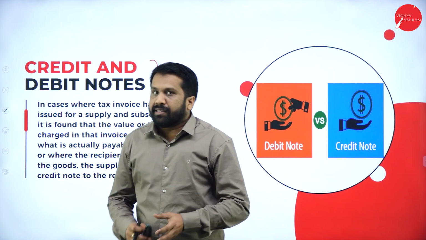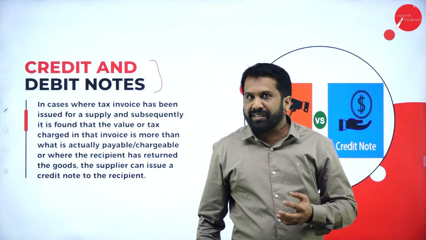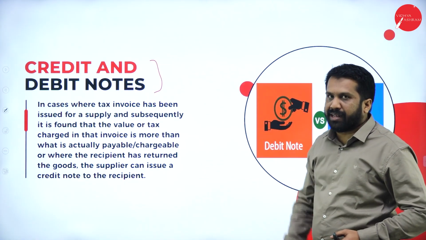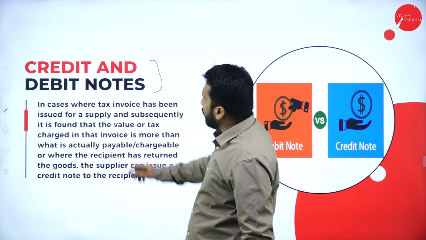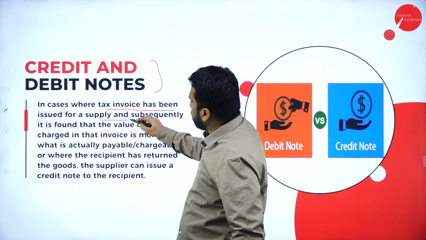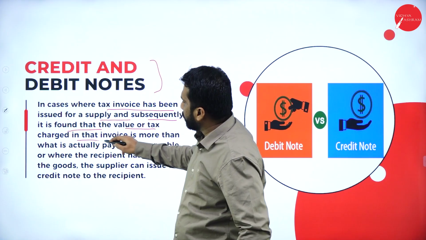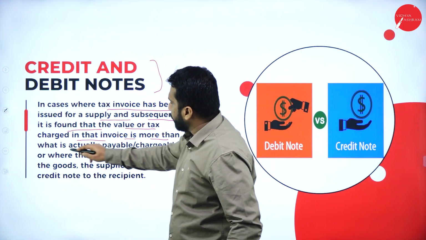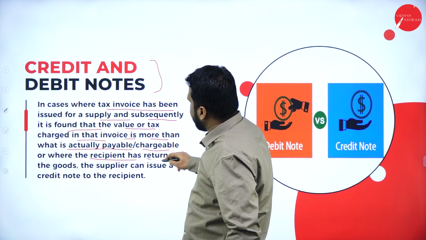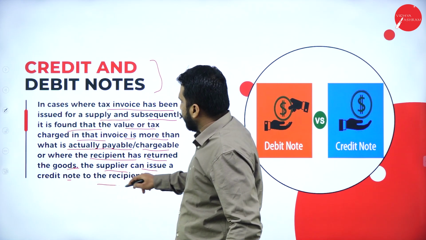Usually what happens, there may be chances of purchase return or sales return. So in case of purchase and sales return, you have to show the debit note as well as the credit note. Now, in cases where a tax invoice has been issued for a supply and subsequently it is found that the value or tax charged on that invoice is more than what is actually payable or chargeable, or where the recipient has returned the goods, the supplier can issue a credit note to the recipient.